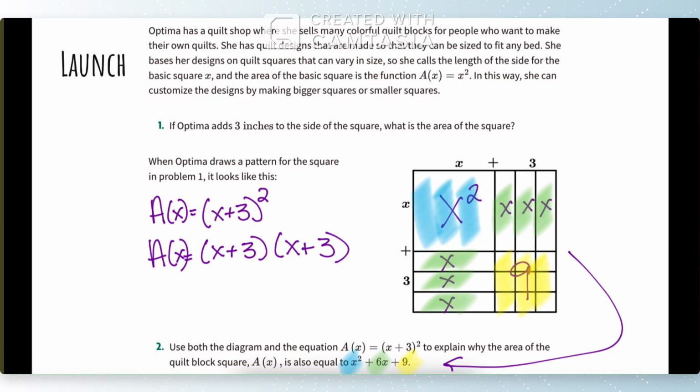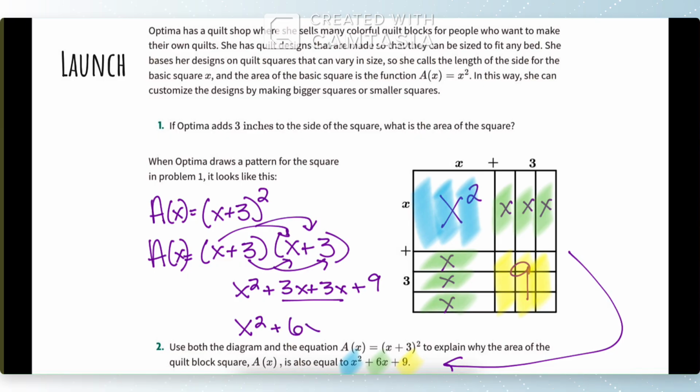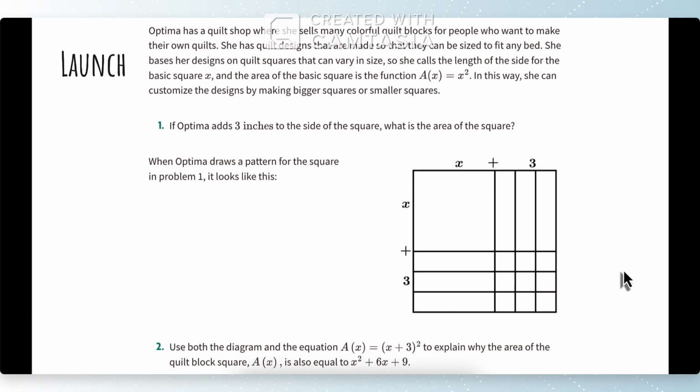In this case, then I could double distribute, get my x squared and my 3x, another 3x, and my 9, and the 3 plus 3 when I combine like terms gets me my 6x plus 9. So using 2 different ways to show how the area of the square works.